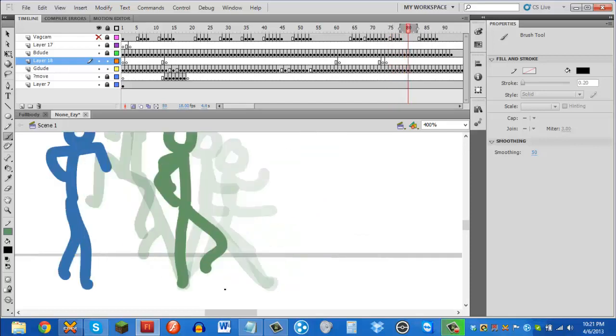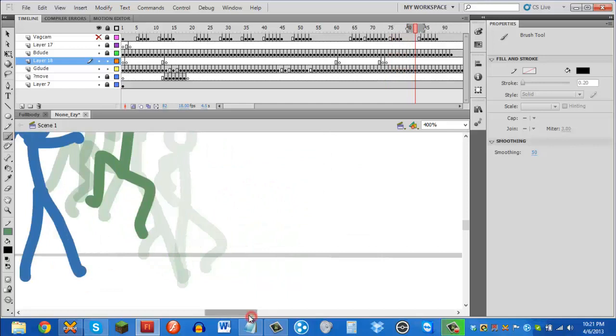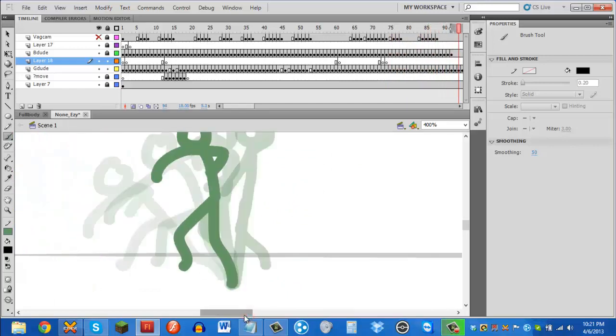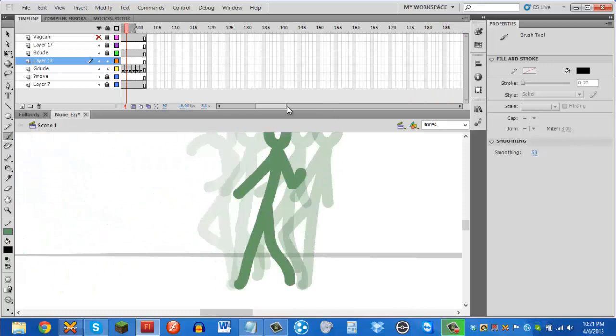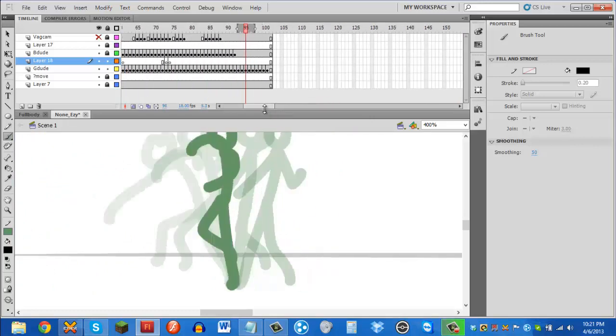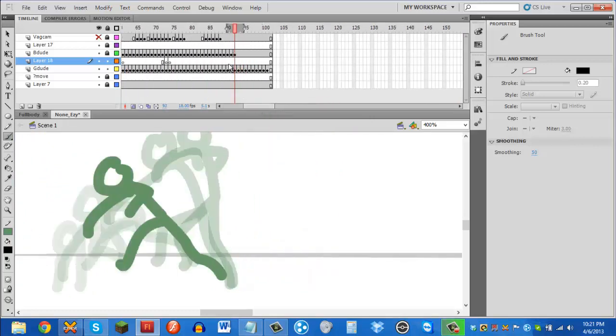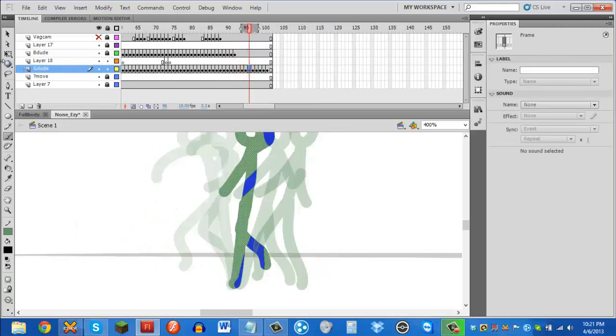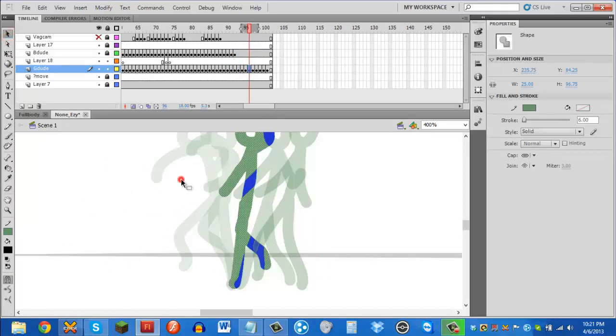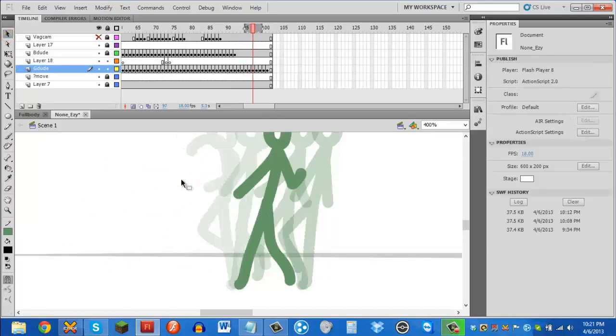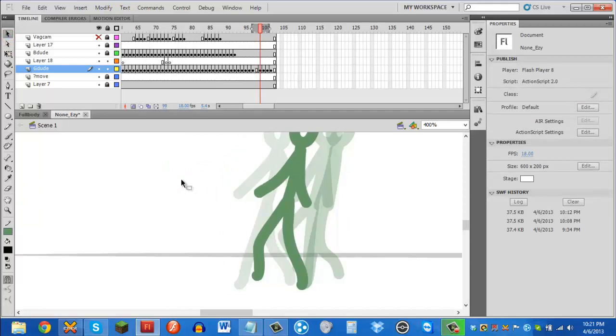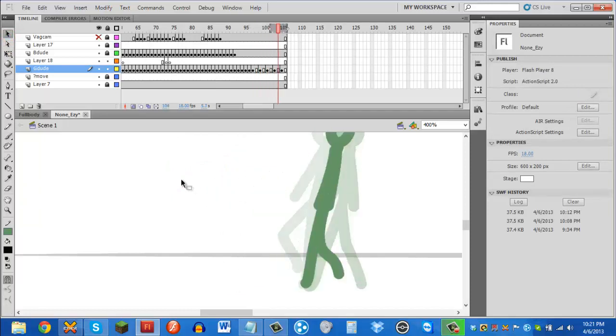What I also didn't like was the walk right here, the standing walk right here. At least it wouldn't disturb the flow if you put some double frames right here. Like, let's just say I put double frames here, here, here, and here.